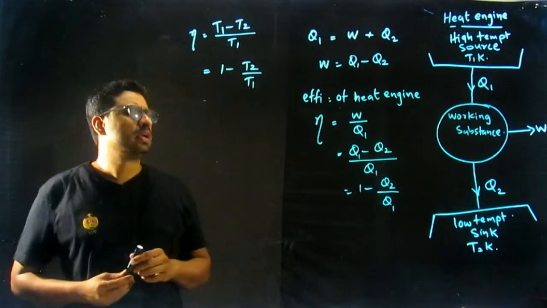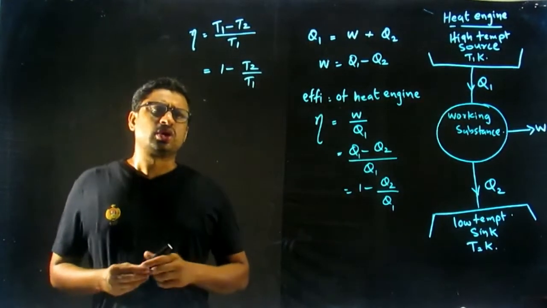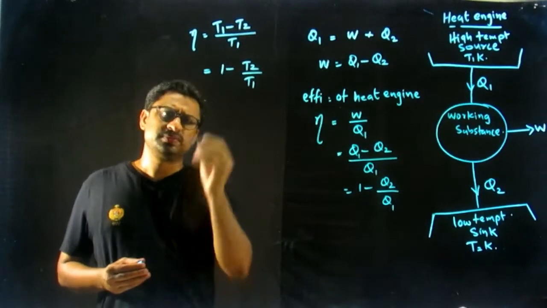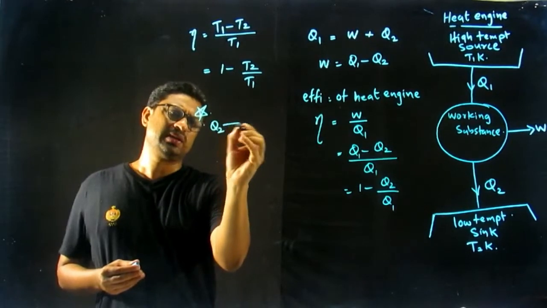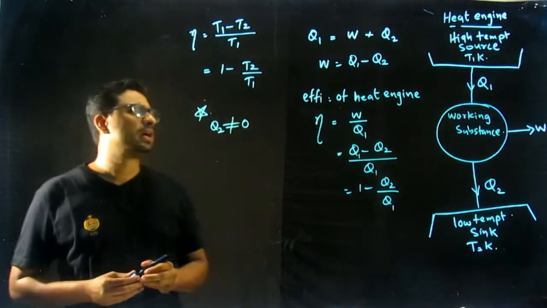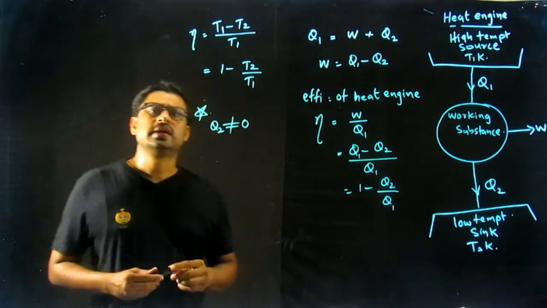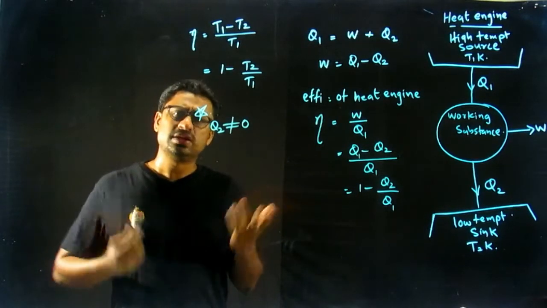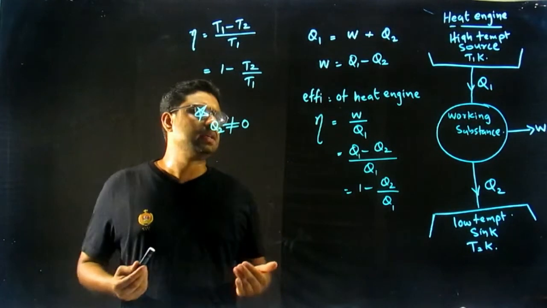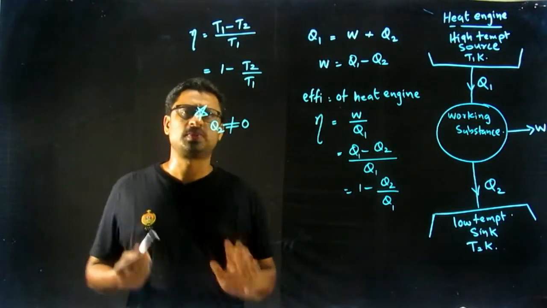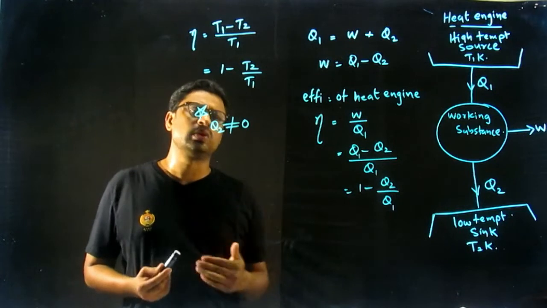See, I told you one thing. Q2 can never be 0, right? I will give you some star points. Q2 is never 0. Why? Because nature itself will not permit that the entire heat is converted to work. It is not possible that the entire heat is converted to work.